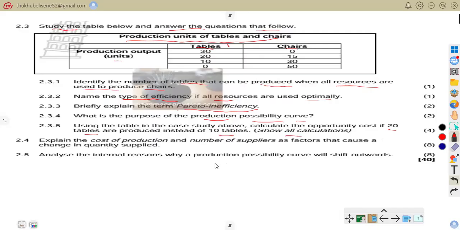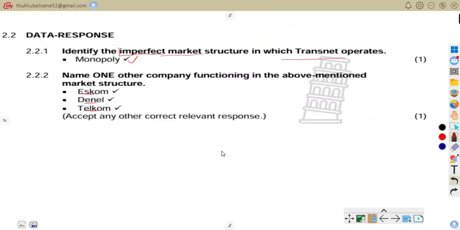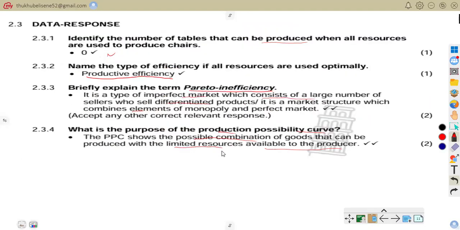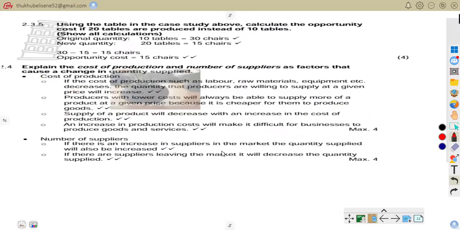You show calculations. Now let us be on the answers. You are to calculate the opportunity cost if 20 tables are produced instead of 10 tables.